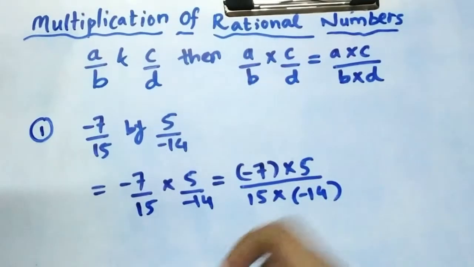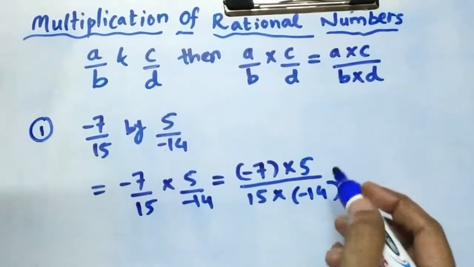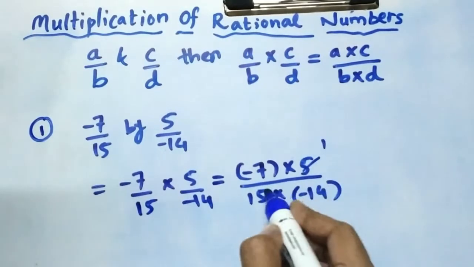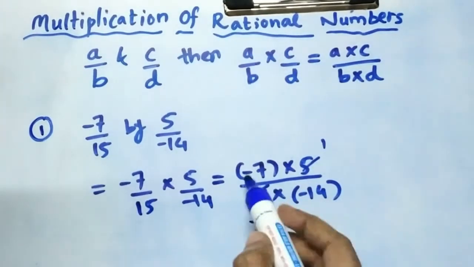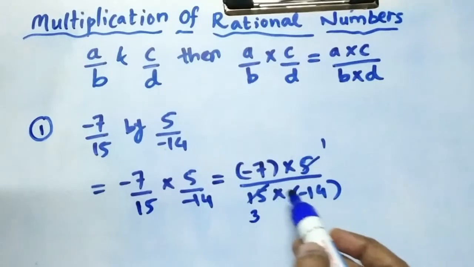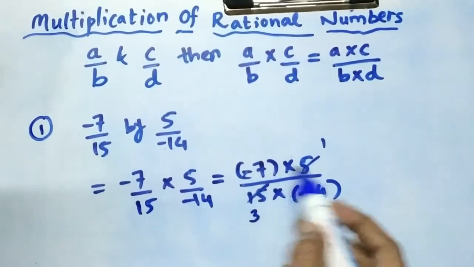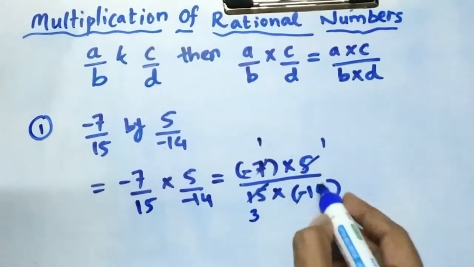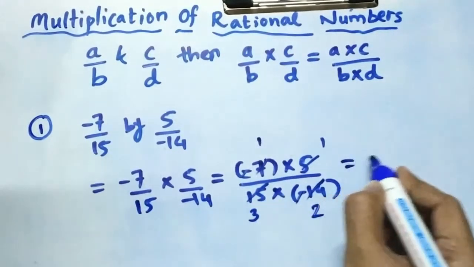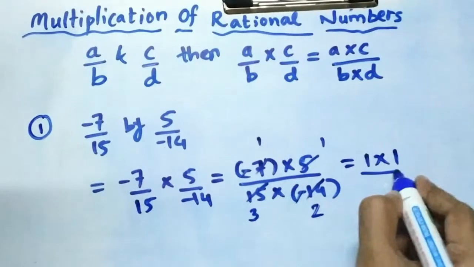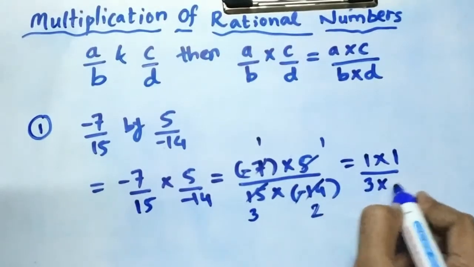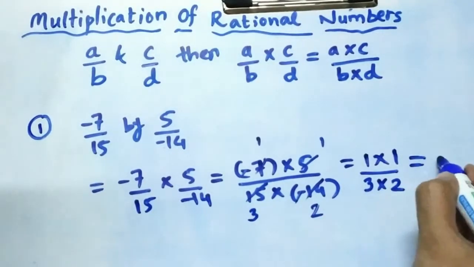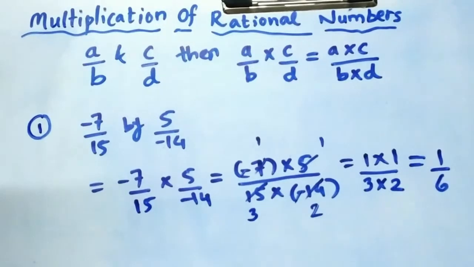If possible, you can simplify it. Here 5 ones are 5, 5 threes are 15, and in division both the minus signs will cancel. Then 7 ones are 7, 7 twos are 14. In the numerator left 1 into 1, and in the denominator left 3 into 2. That is 1 ones are 1, 3 twos are 6, so 1 by 6.